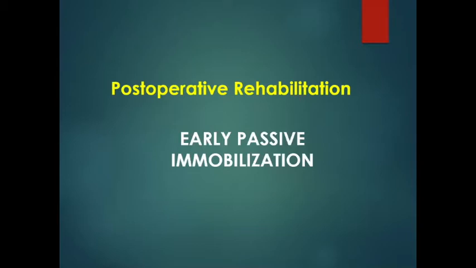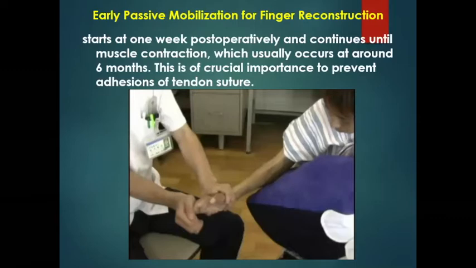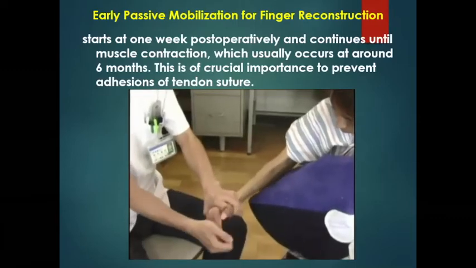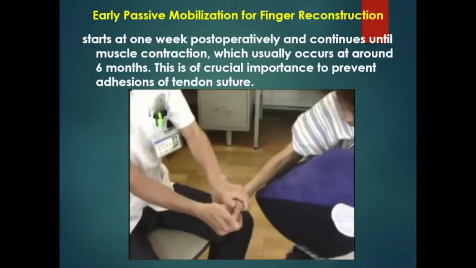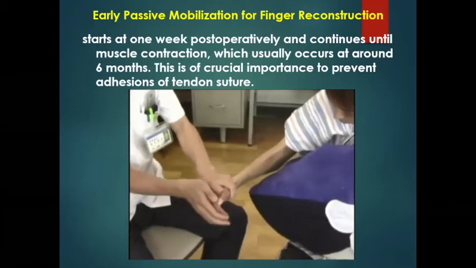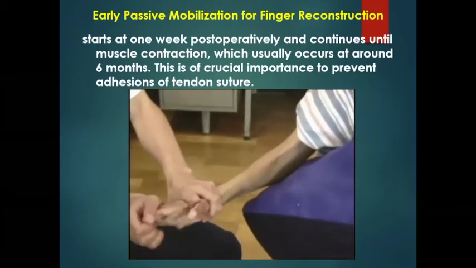Post-operative rehabilitation. Early passive mobilization is imperative to prevent adhesion of the transferred muscle tendon portion, especially for combined reconstruction, including finger function reconstruction. Early passive mobilization starts 1 week post-operatively to prevent adhesion of the tendon suture.